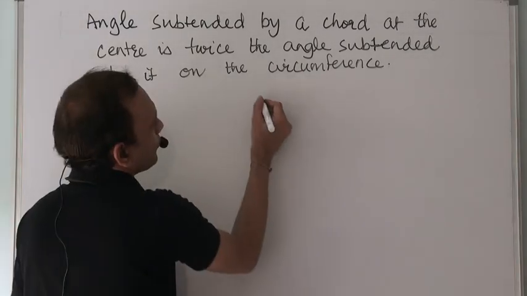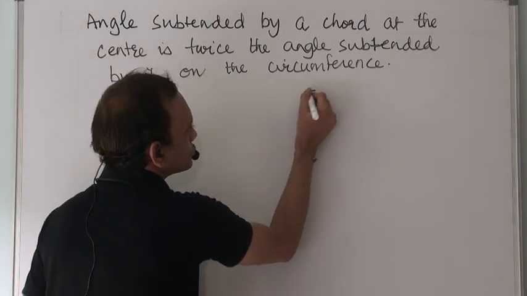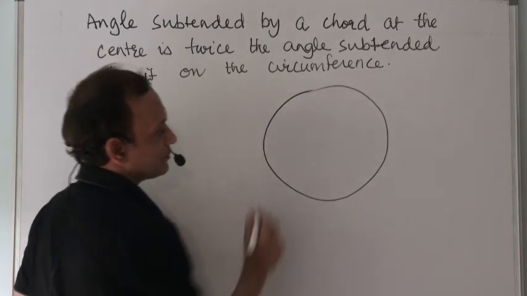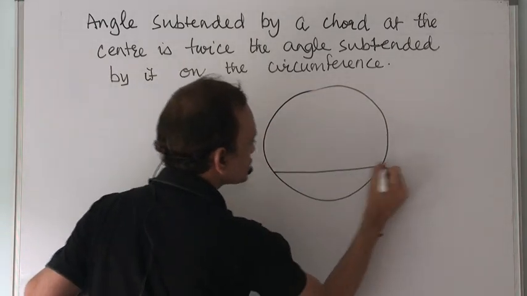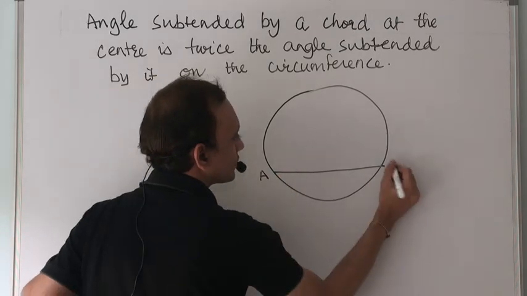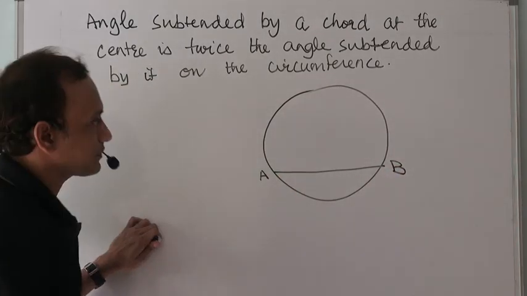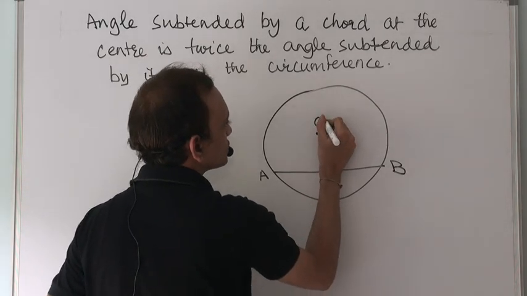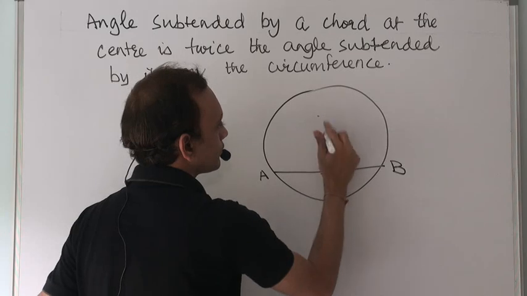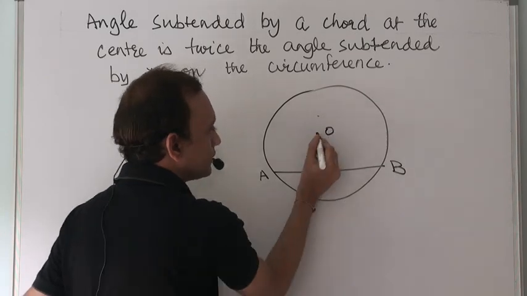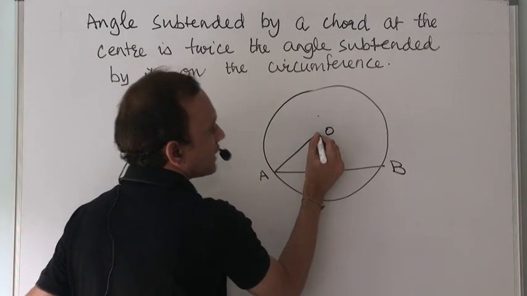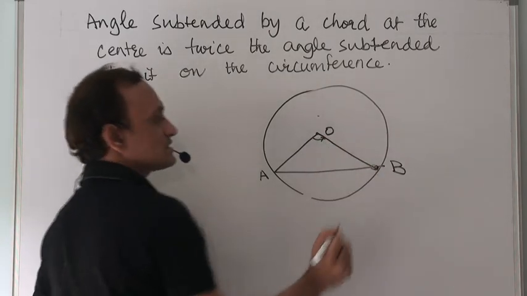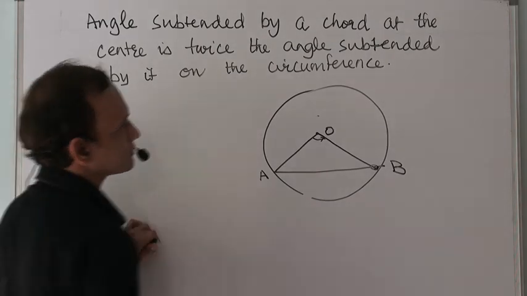Now, just to give you a pictorial understanding of what is required, if this is a chord AB, and if O is the center of the circle, then this angle is the angle subtended by the chord AB at the center.